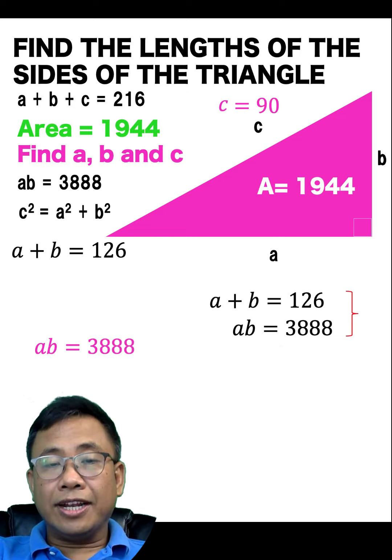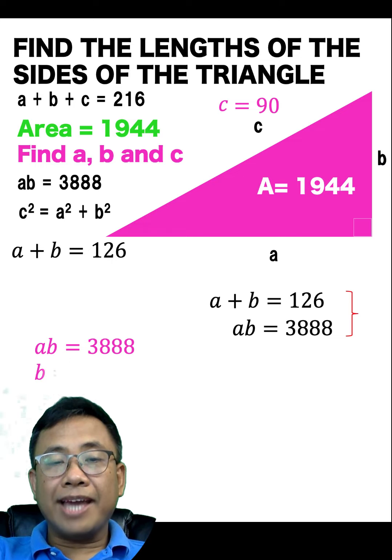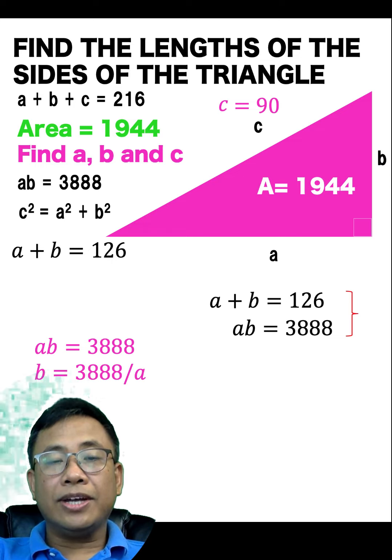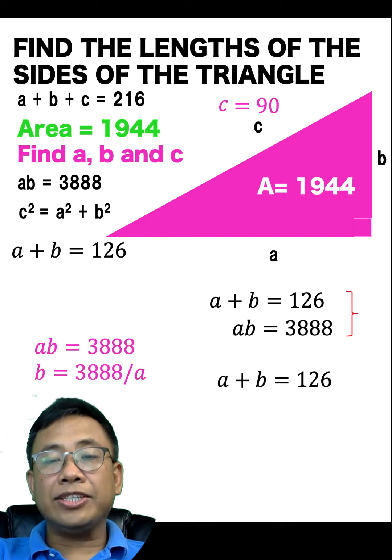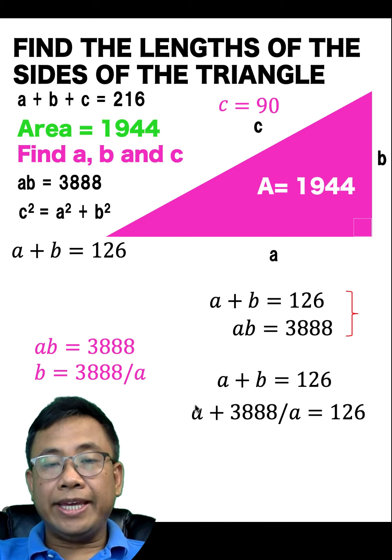By substitution, let's solve first for A. Since AB equals 3,888, that implies that B is equal to 3,888 over A. And we substitute this value for B in our equation 1 to arrive at this equation. We copy the A, we replace B by this value, and we copy 126.